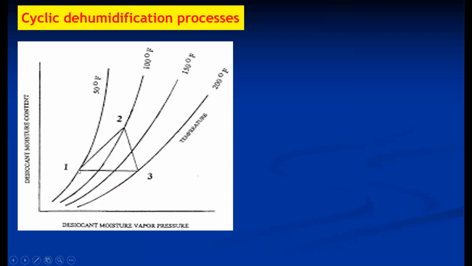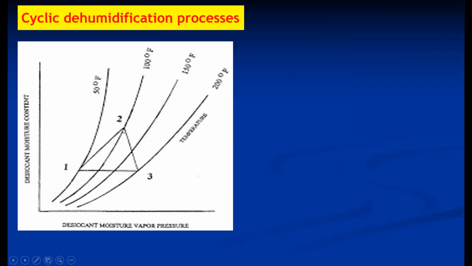So at point 1, the desiccant material has a very low vapor pressure. That's why when this desiccant material is exposed to the humid air, it absorbs the moisture from the air. So this process is called as a sorption process. During this process, the moisture from the air it absorbs, and its temperature as well as vapor pressure increases.